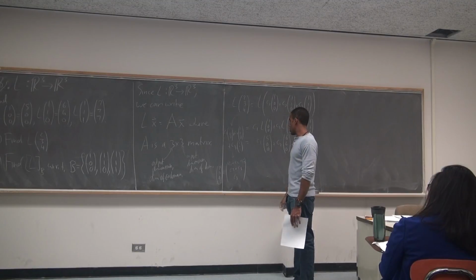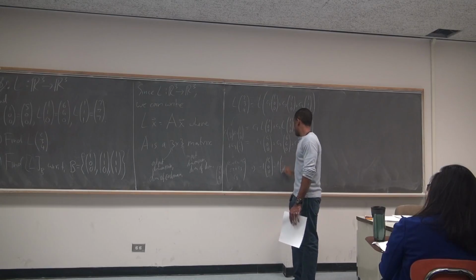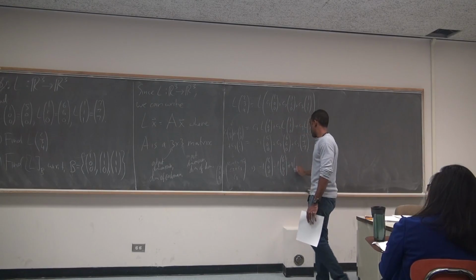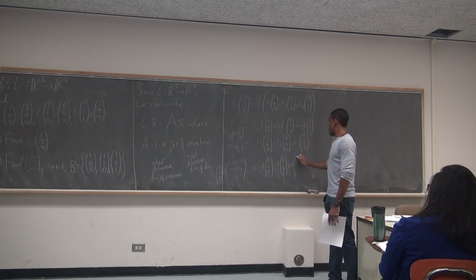And what did you get for the C's? C1 is -1, C2 is -1, and C3 is 4. Yeah, -1, -1, and 4. This would be (7, 7, 7).